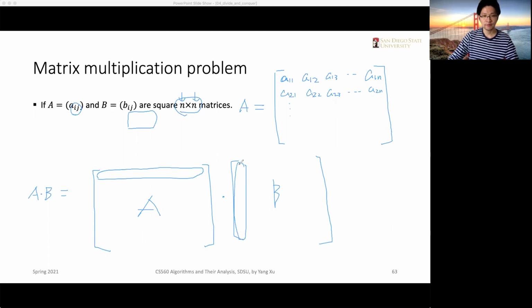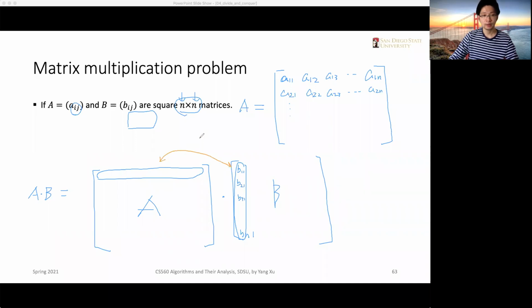Okay, so the first column, the first element is B11 and B21, right? And B31 until Bn1, right? So we take the first column of B and we need to compute the dot product between the first column of A and the first column of B. Okay, between these two vectors.